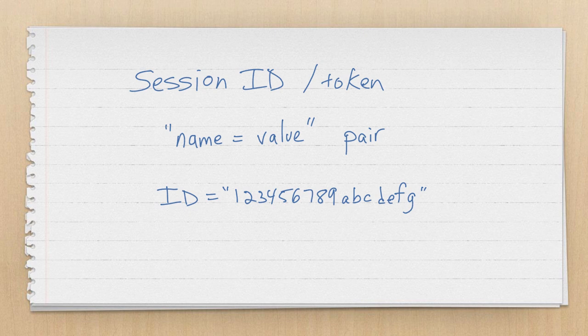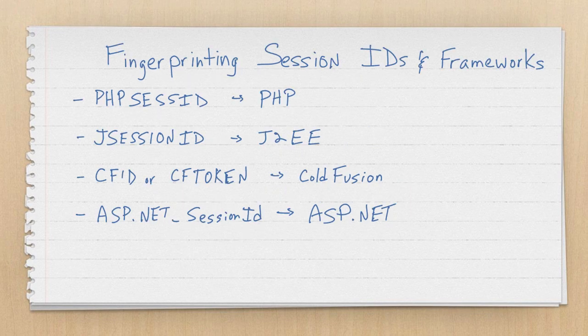Now, in order to keep the authenticated state and track the user's progress, applications provide users with a session ID or a token. And this token is assigned at the session creation time and is shared and exchanged by the user and the web application for the duration of the session. Now, that session ID is a name-value pair. Now, session IDs used by the most common web application frameworks can be easily fingerprinted.